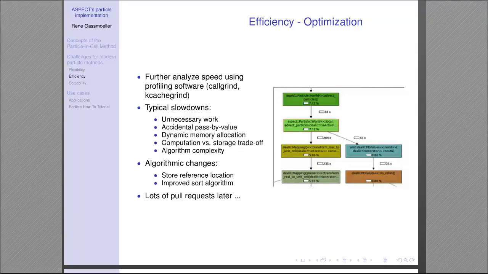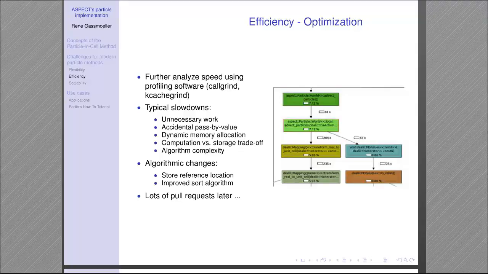During the optimization of our particle implementation, there were in particular 2 algorithm changes that led to a significant speedup. For one, it turns out it is beneficial to store not only the absolute location of each particle, but also to store the reference location. It means the location of the particle in the local coordinate system of each cell. Because this is usually expensive.